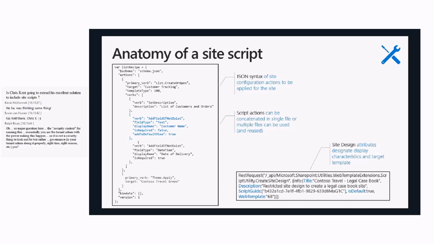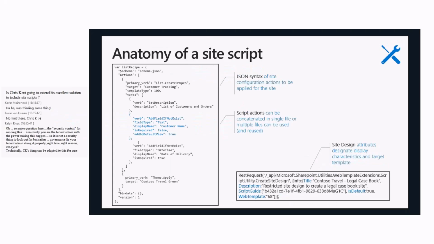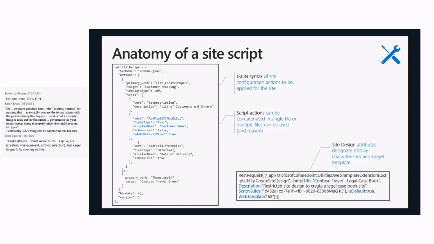In this case, that's the Contoso Travel legal casebook. Description is visible as well. And then script GUIDs is an array. You see the brackets, it is an array of script IDs. So a site design can have multiple scripts being concatenated together and executed in order.